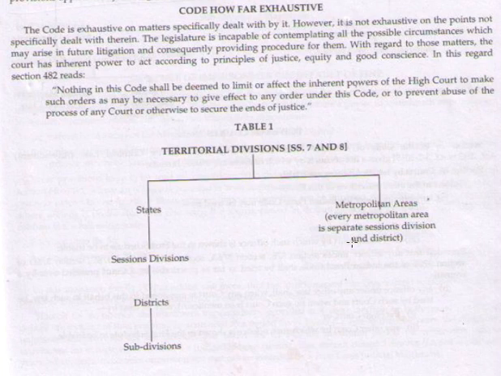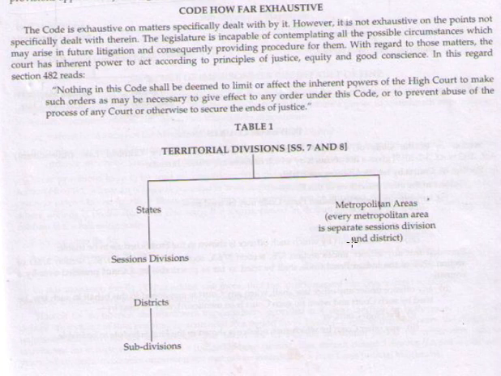the inherent powers of the High Court to make such orders. Section 482 clearly says the inherent powers of the High Court. If there is no provision in CrPC, such situations can be dealt with by the High Court under special circumstances and inherent powers.